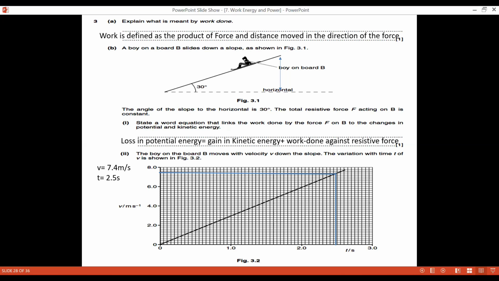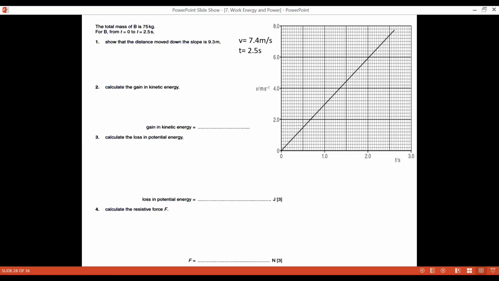Why? Because in the next part they have asked: show the distance moved down the slope is 9.3 in a time of 2.5 seconds. The area under the graph comes out to be 9.3.